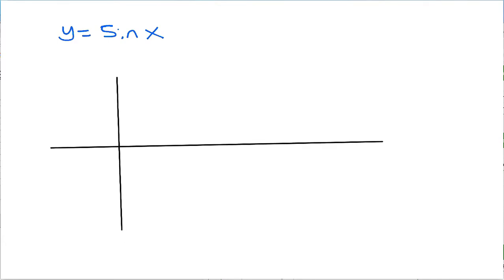So what I mean by that is, if I had the equation y equals the sine of x, when I graph that, what I want to think about is I got this vertical and I got the horizontal, and this is really what I would call the angle.